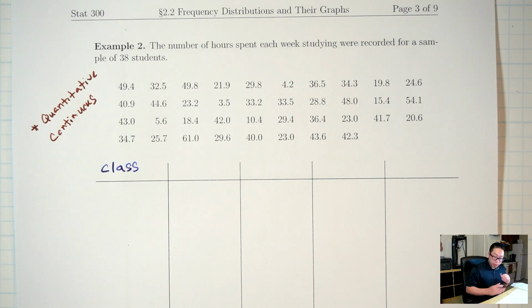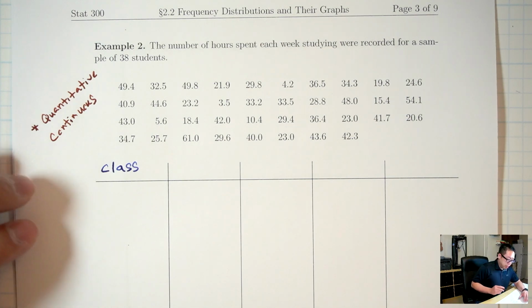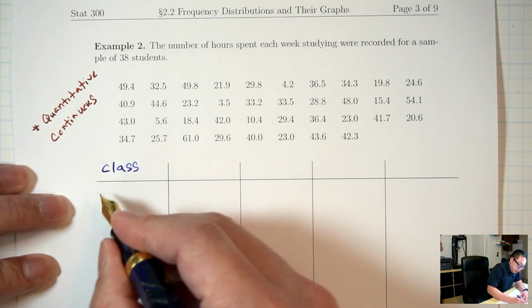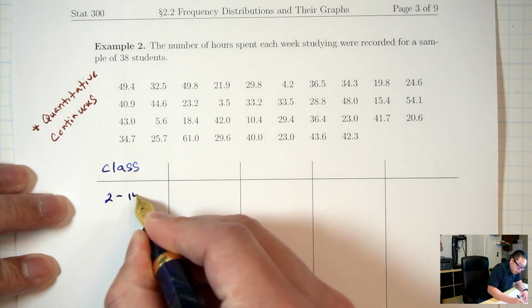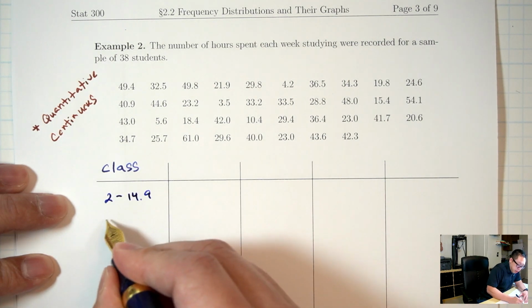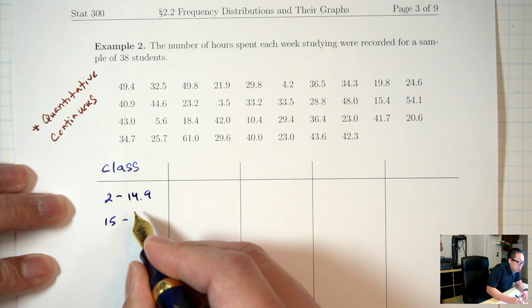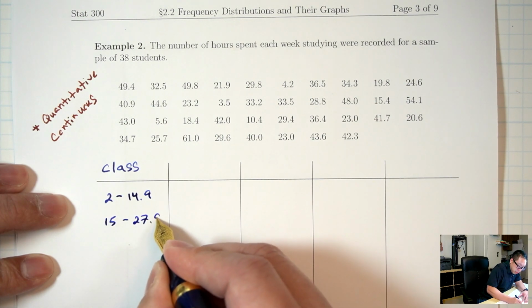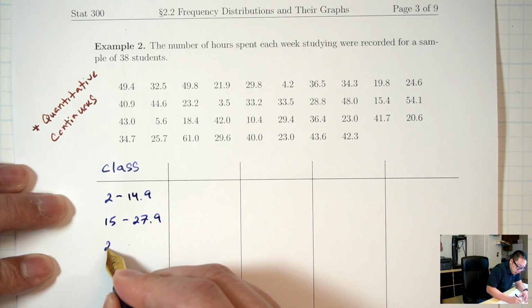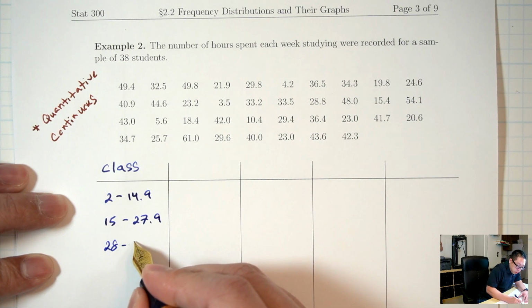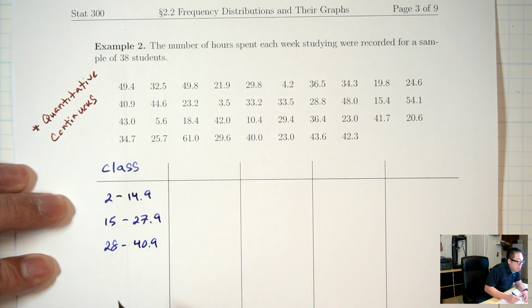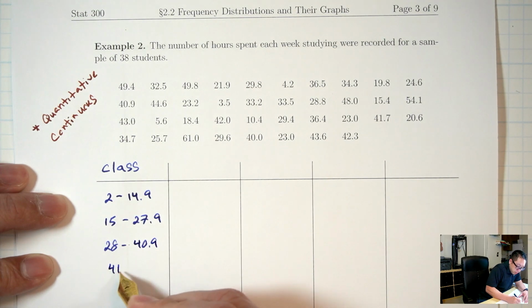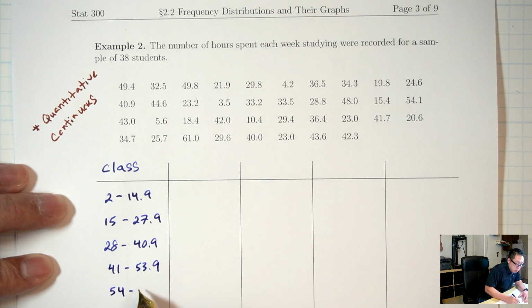Okay. So for this problem, the ranges I'm going to break up the data into are 2 to 14.9, 15 to 27.9, 28 to 40.9, 41 to 53.9, 54 to 66.9.